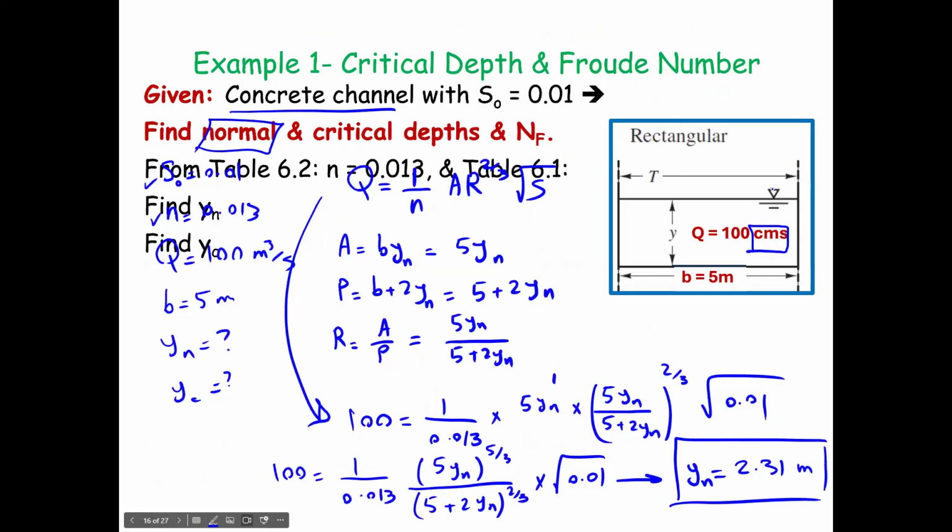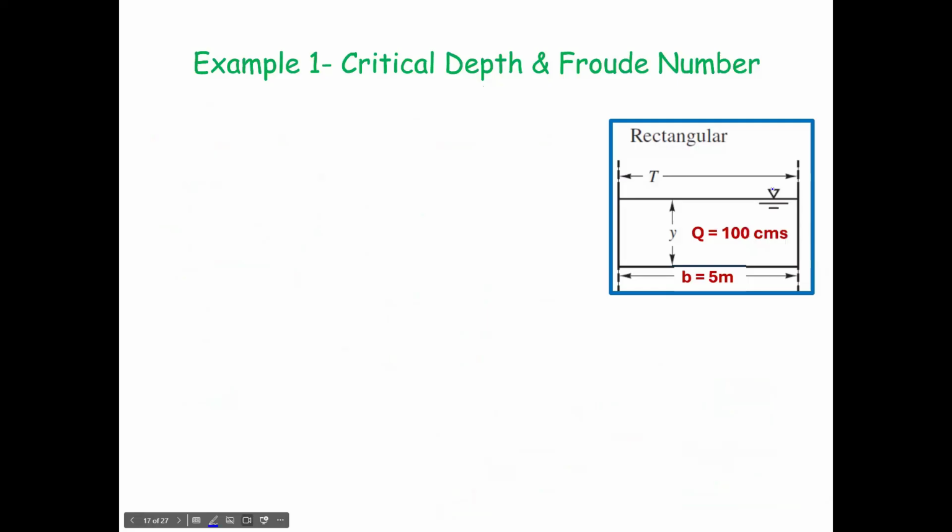Second part: critical depth, YC. This is rectangular, so I'm going to use the one that I have: YC is the cube root of Q squared over G.